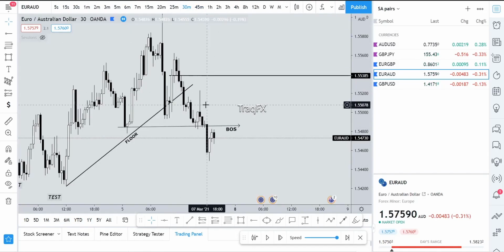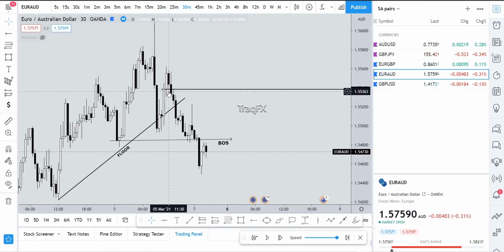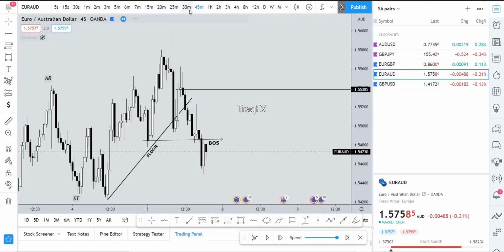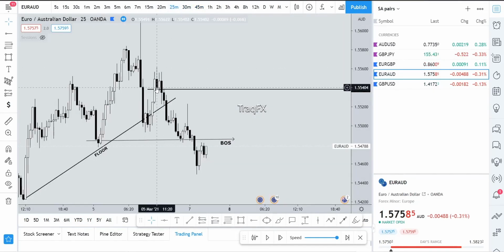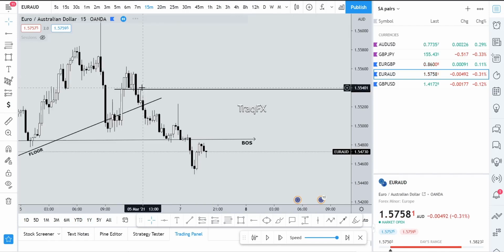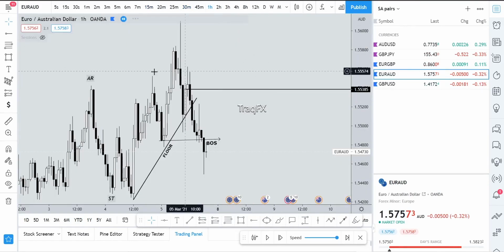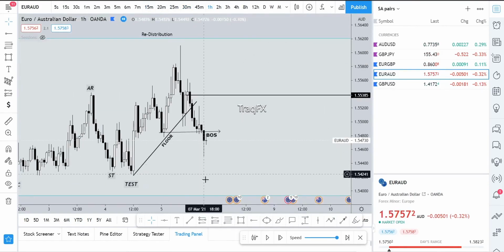If we go back in time, still a clean candle, still a lot of entries, still a lot of institutional candles that are near it. See, the previous ones have been mitigated. Go down in time frames, you see there are several potential entries. We have another one right here, but if we just stick to our 1 hour for now, we can look for the selling opportunity right there.